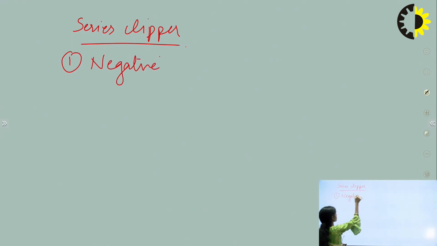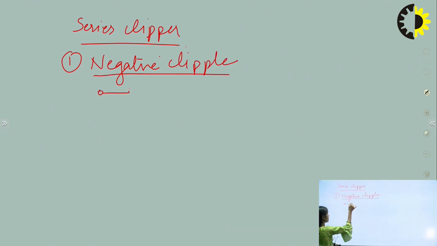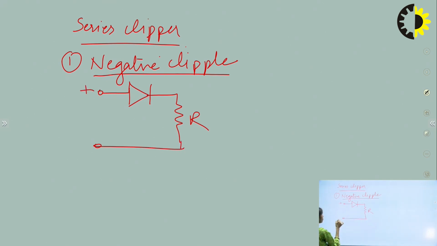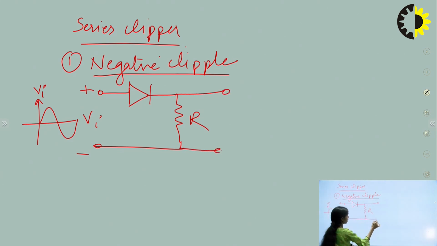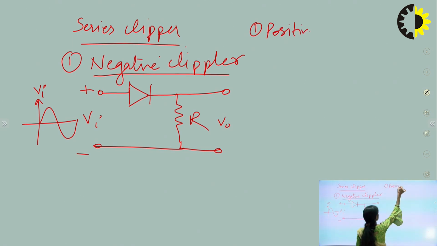For the negative clipper, the basic circuit is presented as follows: this is the diode connected here, one resistor is connected here, and let us say we take the input signal as a sinusoidal input. This is the sinusoidal input Vi, and we take the output here at the output side. Now if we do the analysis of this negative clipper, we will start with the positive cycle. For the positive cycle, we are going to analyze the circuit.